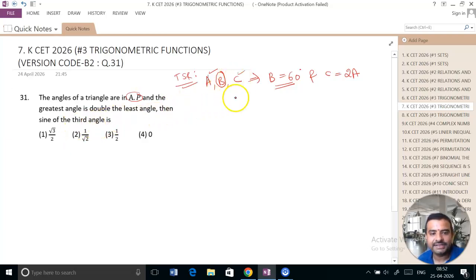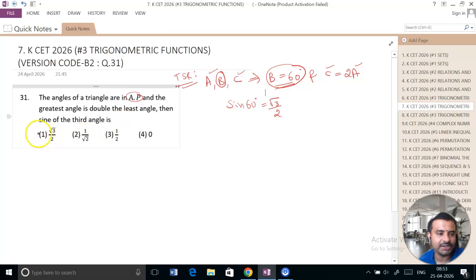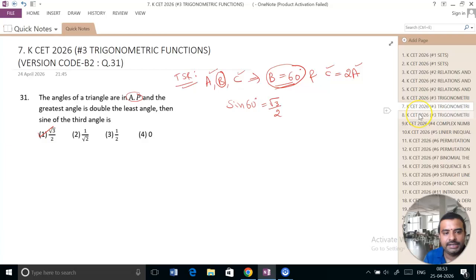So what is sine 60? The middle angle is 60. Sine 60 is equal to root 3 by 2. No need to find what C and A are. We know the middle angle is always 60 degrees, and I take this as the third angle. So sine of the third angle is root 3 by 2. So option 1 is the right answer for question number 31 of version code B2.